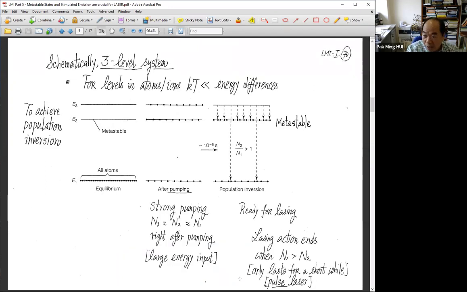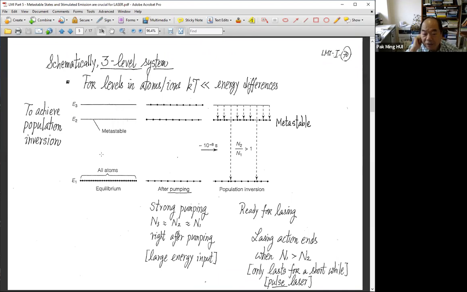So let me briefly, in a cartoon way, summarize to you what is the idea behind this so-called 3-level system. First thing, this 3-level, this 3 is just meant to be representative. Actually, it may be a group of levels in this number 3 thing. Not only one, but a group, okay? Usually it's a group.